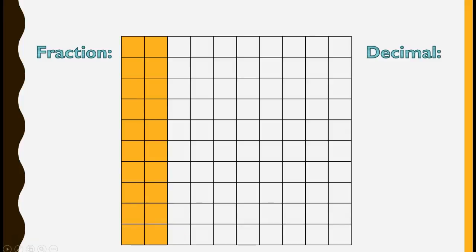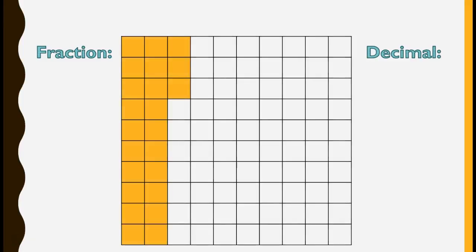So our fraction would be 20 hundredths. And our decimal would be 20 hundredths. See how the 0 is in the hundredths place? So you would read this 20 hundredths. So that means that 20 of the 100 are colored in.